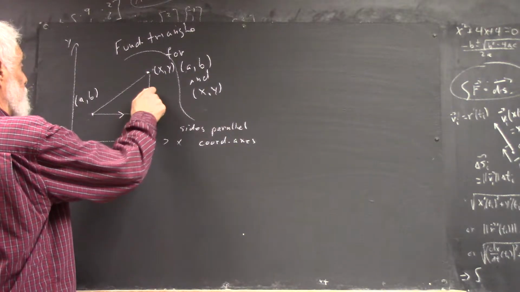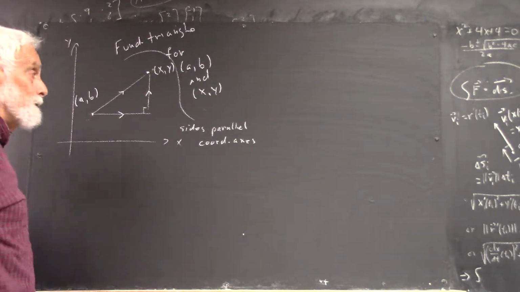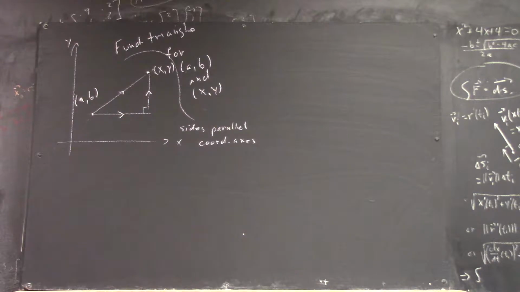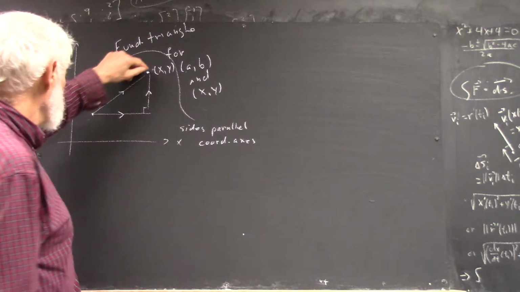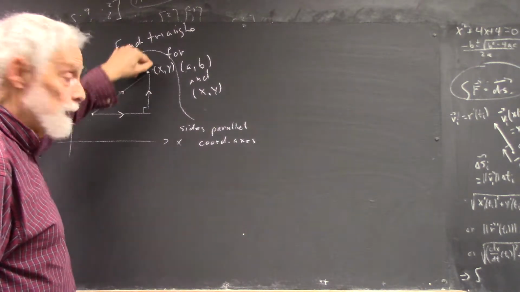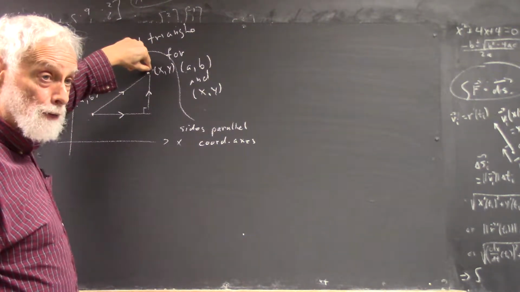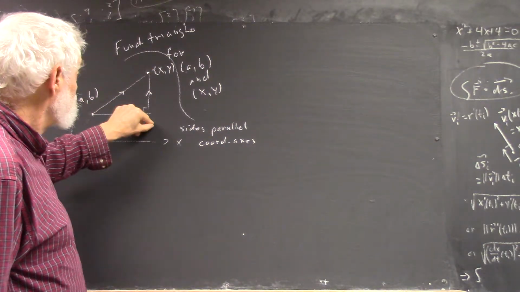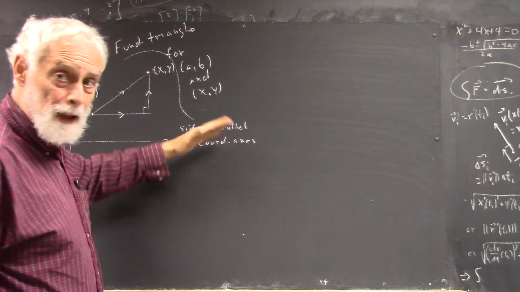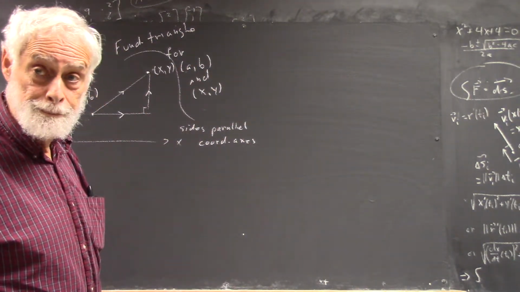But since we're going from here to here, I'm just going to put arrows on all 3 of these sides so that I've got a path from here to here and another path from here to here that goes this way. Okay? A single straight line path from here to here, or a displacement in the X direction and a displacement in the Y direction that get me to the same point.